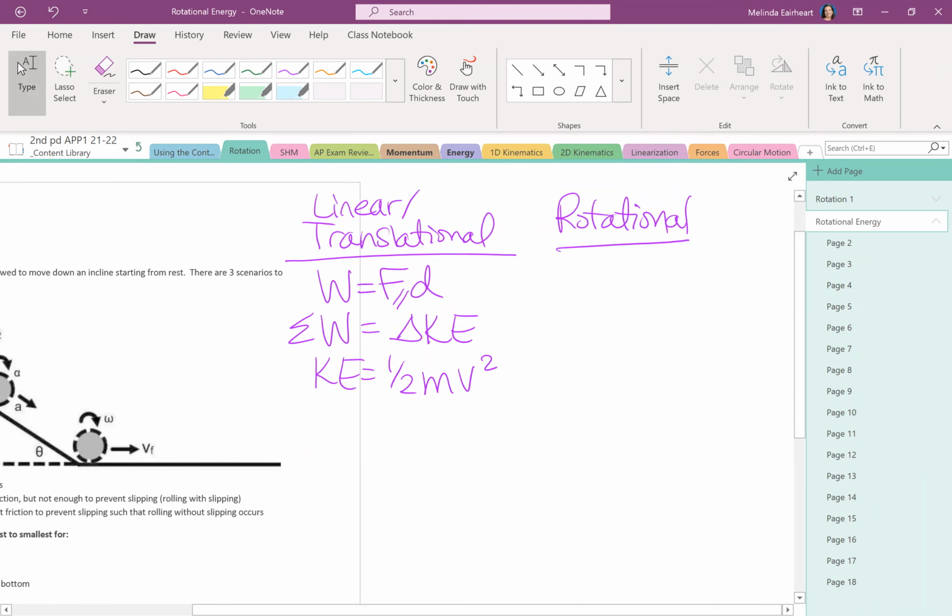Rotational quantities, well, we still have work and it doesn't get a new variable. But instead of a force times distance, it's really about the torque times an angular displacement. Net work is still going to be a change in kinetic energy.